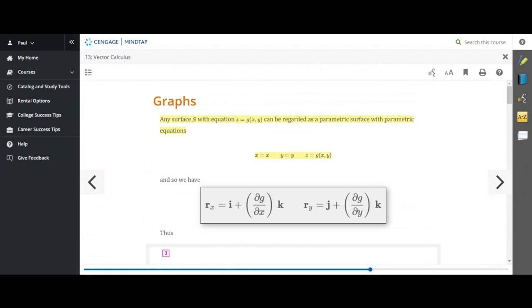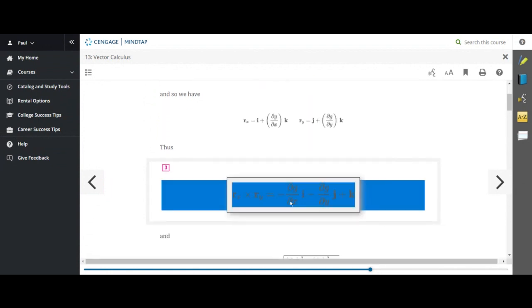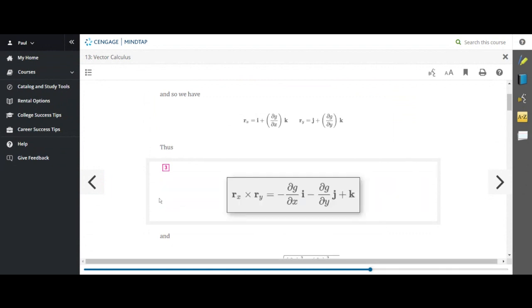And of course, we know that for computing the surface integral, we want the cross product of those vectors. The cross product is equal to the vector with components negative partial derivative of g with respect to x, negative partial derivative of g with respect to y, and 1.